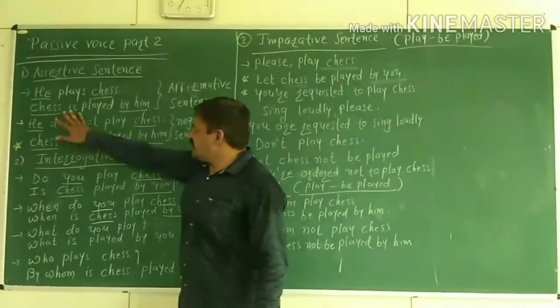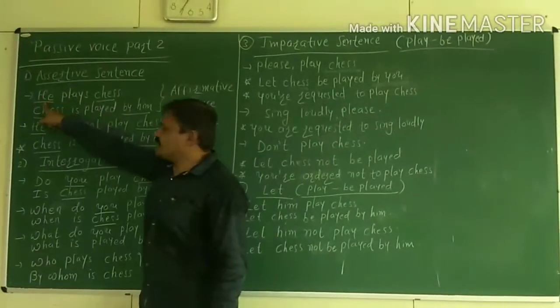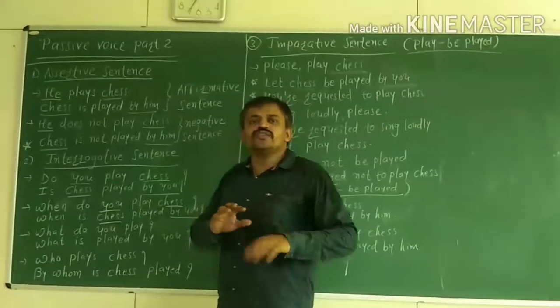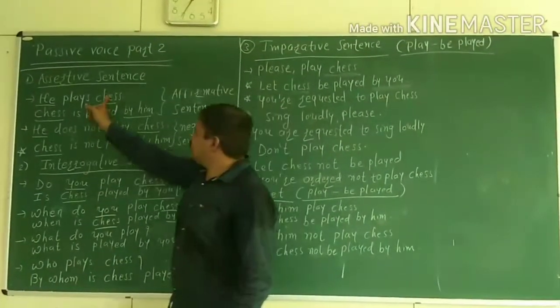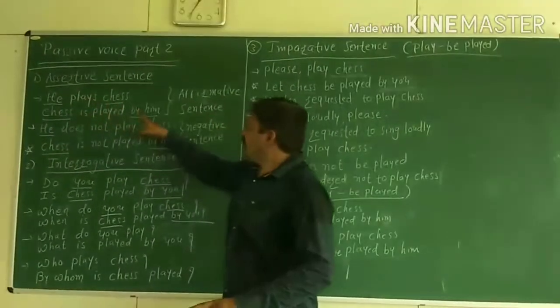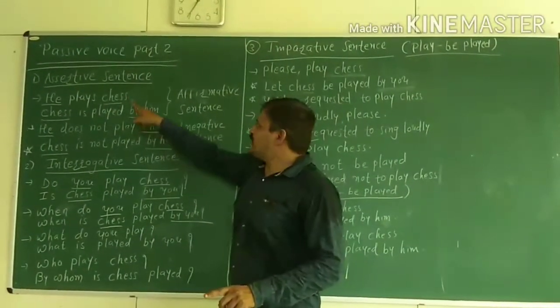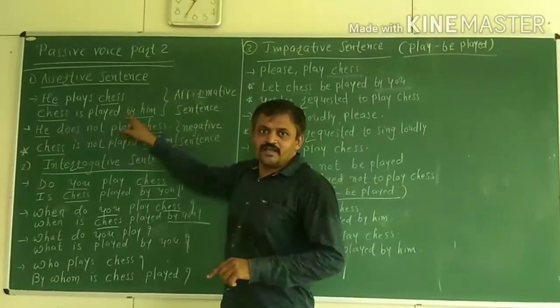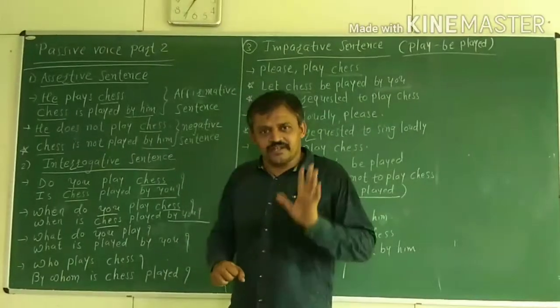So listen, he is the subject, chess is the object. So we do the replacement of those 2 words. Chess we put in the place of subject and he is put in the place of object followed by a preposition. So this is the first change that we do.